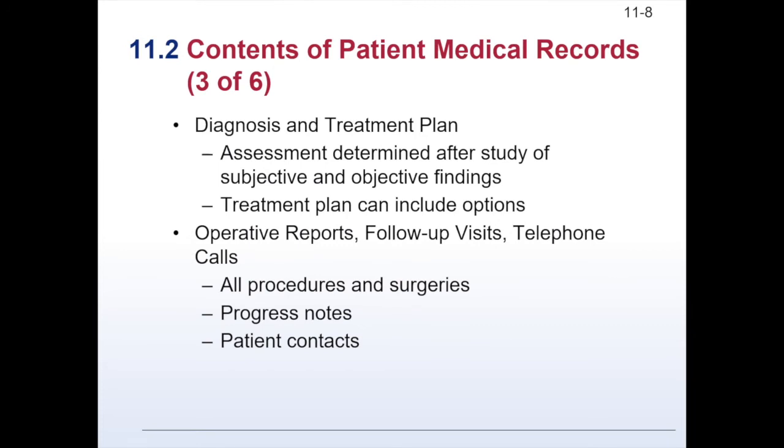Assessment is determined after study of subjective and objective findings. Treatment plan can include different viable options. Operative reports, follow-up visits, and telephone calls. Operative reports, follow-up visits, and telephone calls span over procedures and surgeries. Progress notes and patient contacts are properly managed. All incoming information on the patient is gathered and organized into the chart.